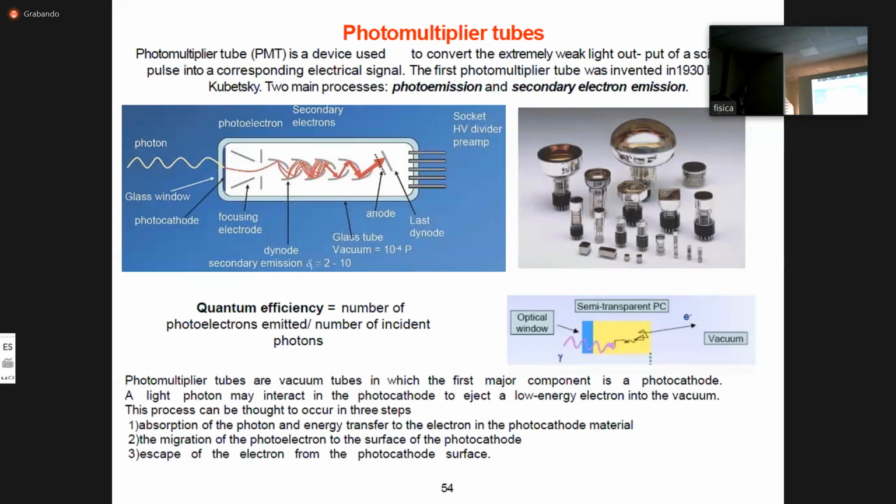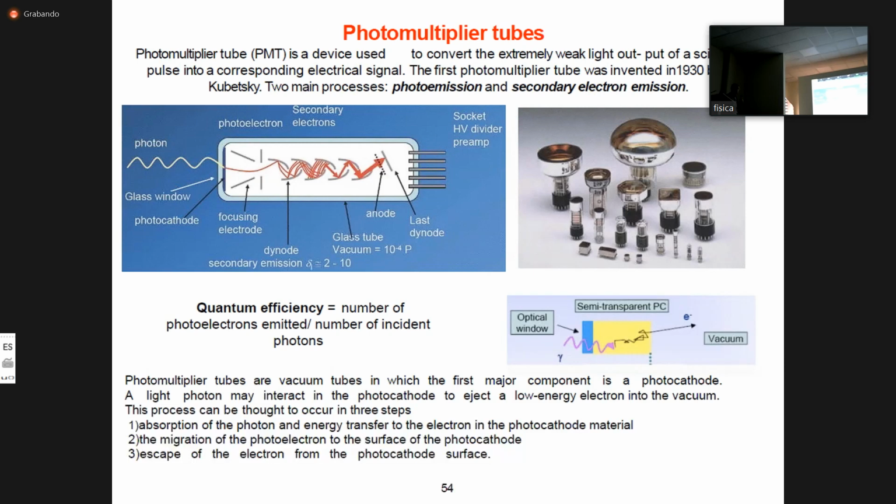And what happens here? An electron is moving inside this vacuum tube and hits the dynode. And as a result of this interaction, this electron gives rise to more electrons. There are more electrons emitted from this dynode structure. For example, for one initial electron, you will have two electrons, and these electrons also interact with this dynode, strike it, and create more and more electrons.